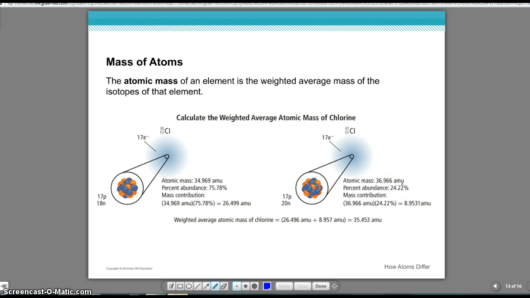So if we want to find the weighted average mass of all the chlorine, we're going to multiply the mass of the isotope times its percent, and remember you turn percents into decimals, so this would really be times 0.7578, and then we do the same thing for the other isotope, and then we're going to add those 2 parts together, and this number, if you were to look at chlorine on the periodic table, that is the average atomic mass for chlorine. It comes from the weighted average of the 2 isotopes.